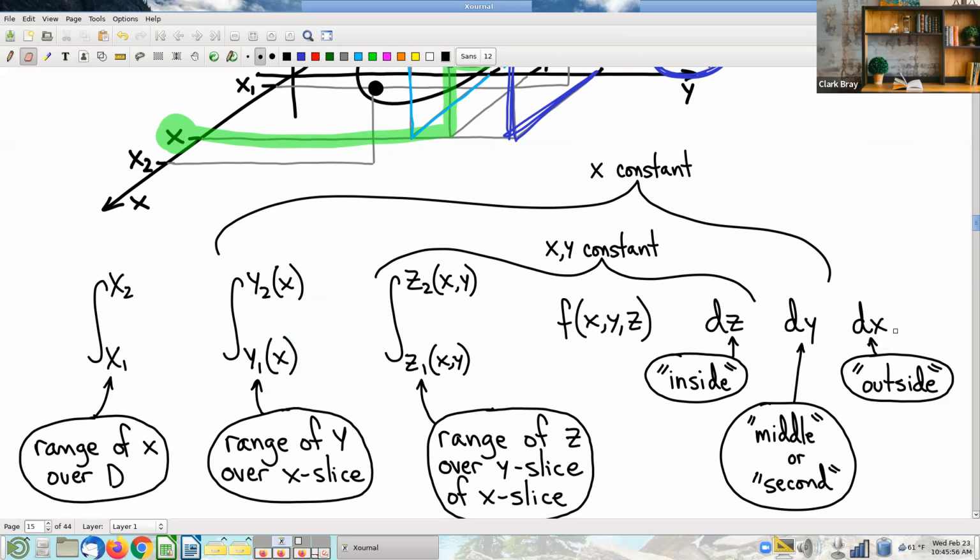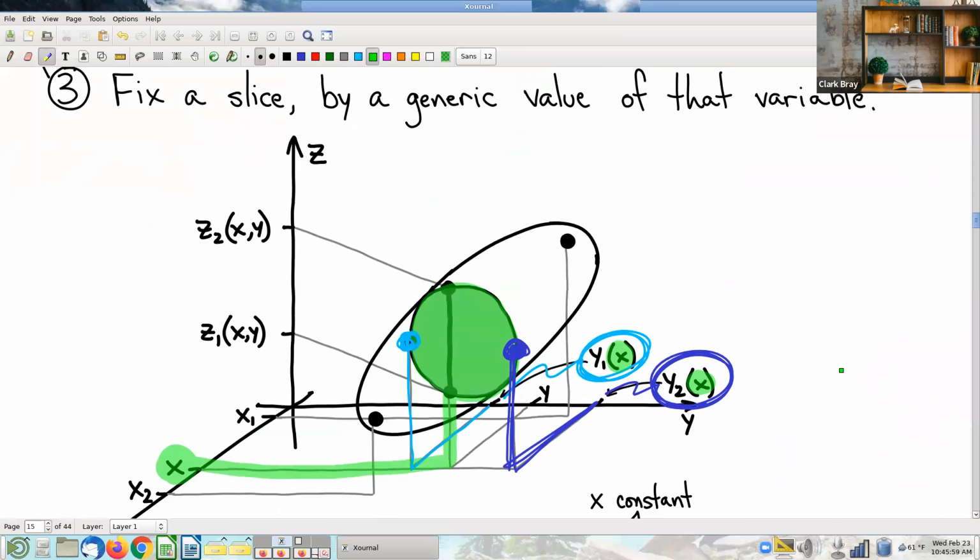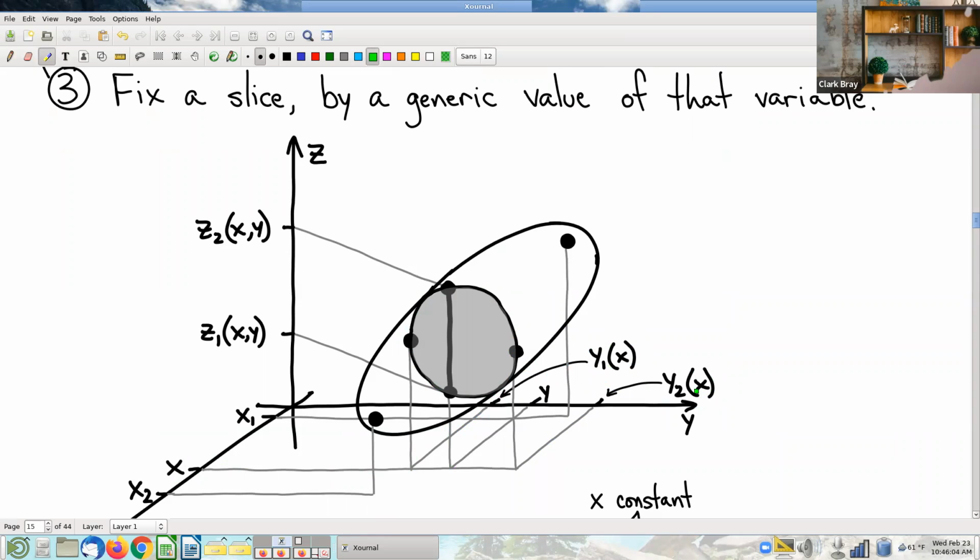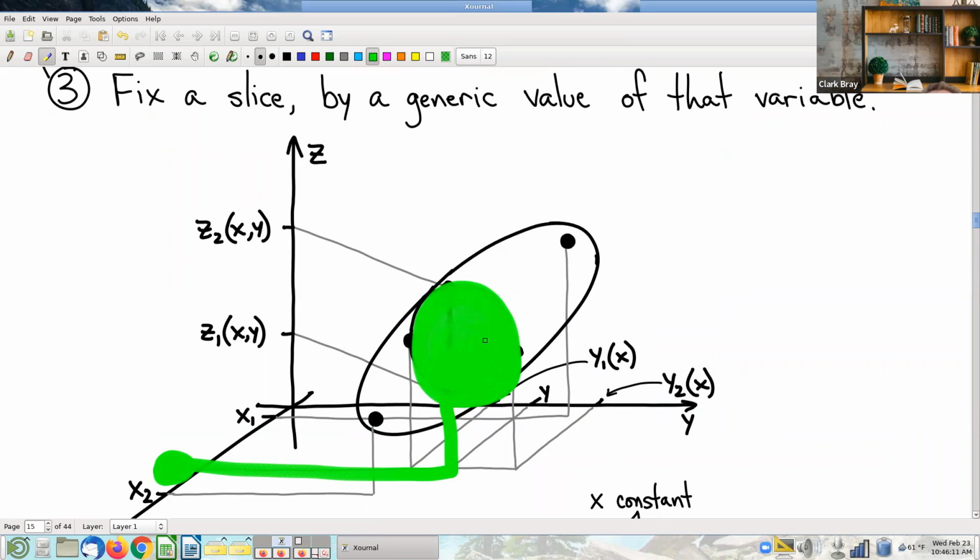All righty, and then proceeding again. Let me remind you, we've already fixed x. So x is fixed. We're looking only at this x slice of our original solid. Now we're going to fix y. And we'll be looking therefore at some y slice of our x slice. On that slice, x and y both now being fixed, we want to look at the range of values of z.